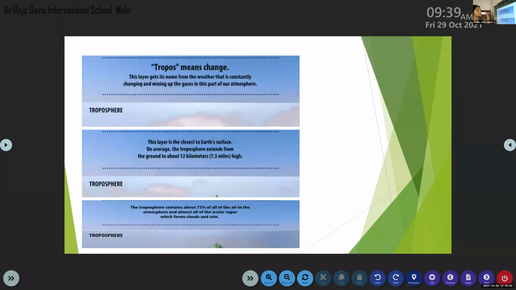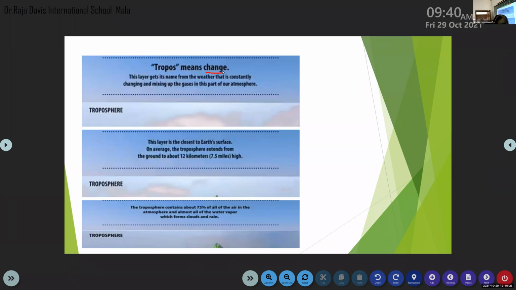The term tropos means change. Note it down: the term tropos means change. Why does the first layer get this name? This layer gets its name from the weather that is constantly changing.